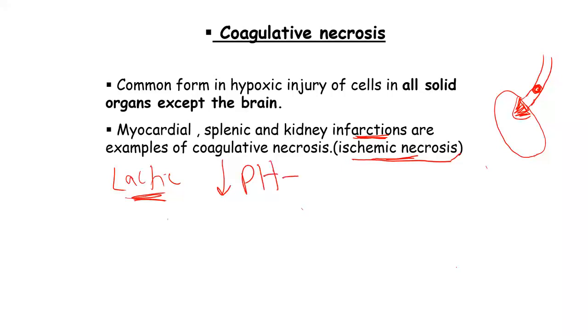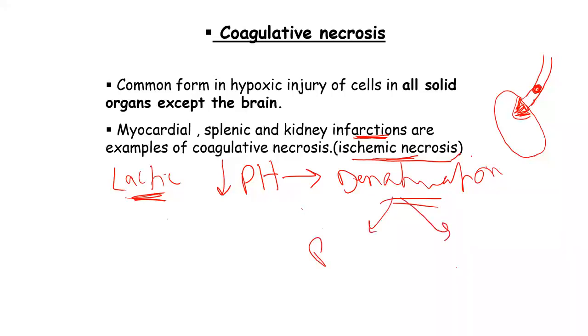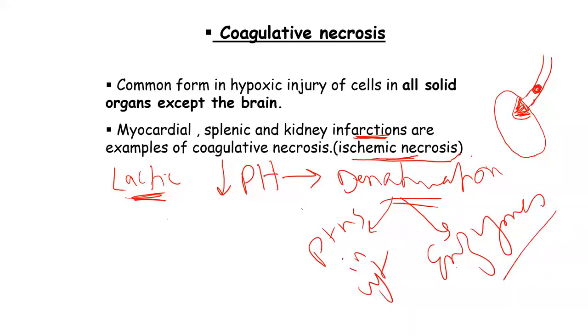So if this anaerobic glycolysis is extensive due to severe ischemia, I'm going to have an increased amount of lactic acid with rapid and sharp decrease in pH. This will lead to denaturation or coagulation of the proteins present inside the cell cytoplasm, and even the enzymes: denaturation of both proteins in cytoplasm and enzymes released from the lysosomes.